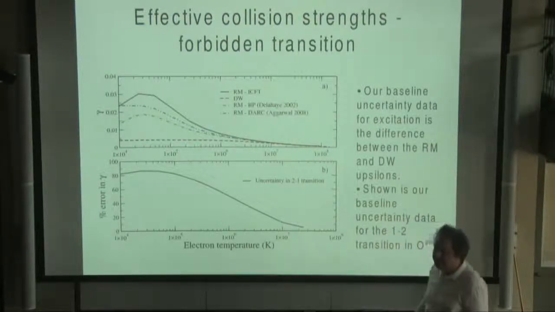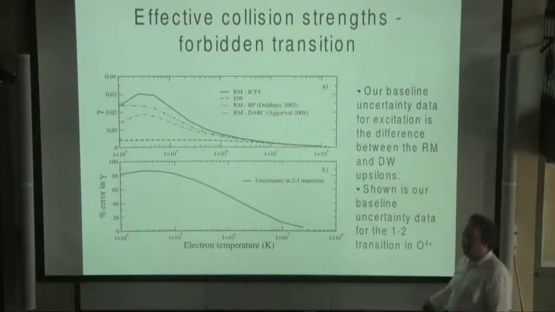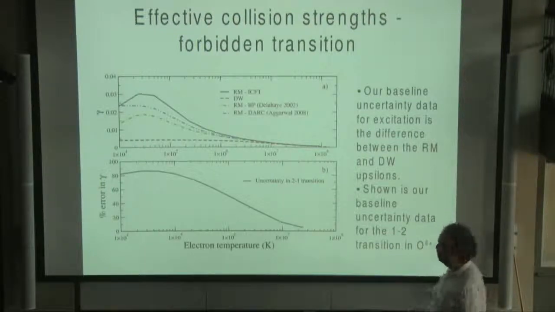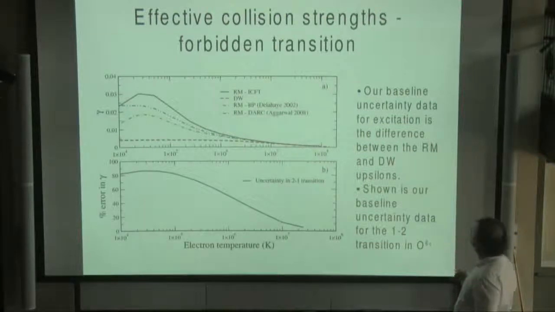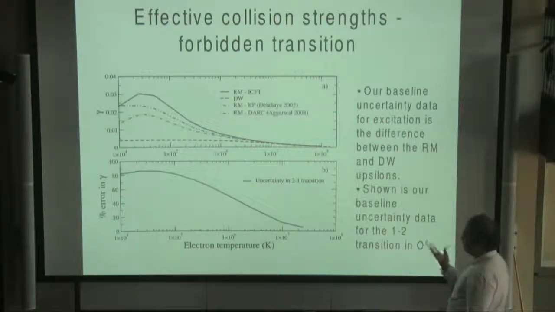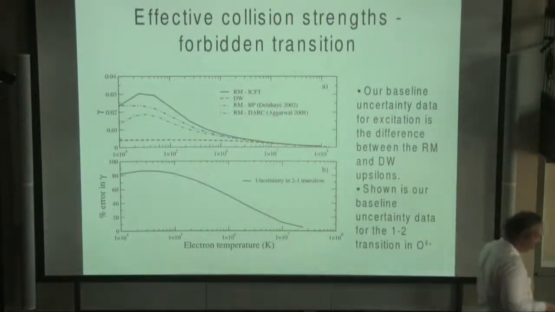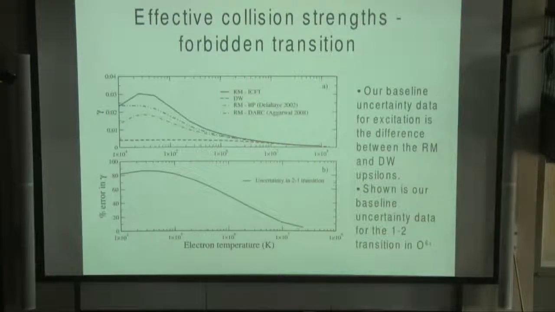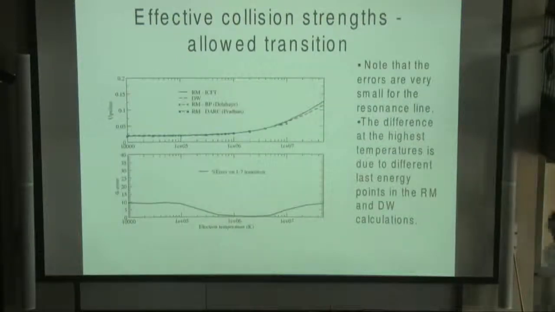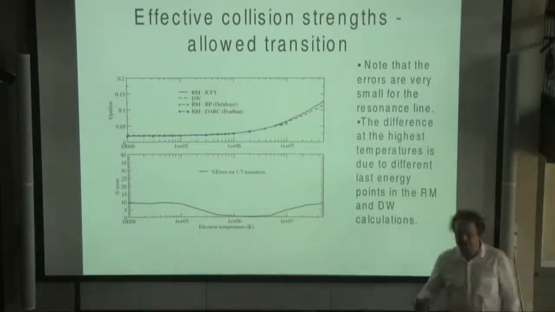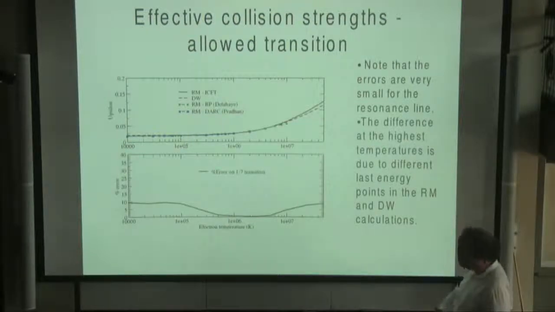At higher energies, the area under the curve washes out the contribution from the resonances, and the agreement gets better. So our baseline uncertainty for the excitation is the difference between the R-matrix and the distorted wave, and that is for a spin-forbidden transition. Of course, there are no real such uncertainties for the dipole-like transitions because the background cross section is so strong that it washes out the contribution from the resonances almost completely.